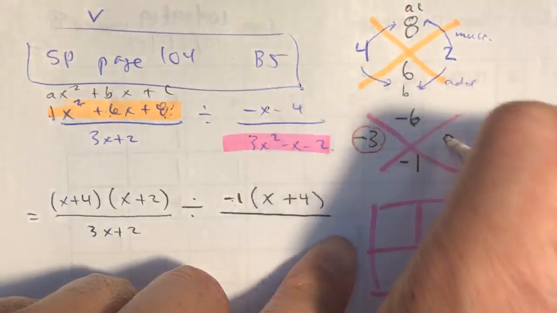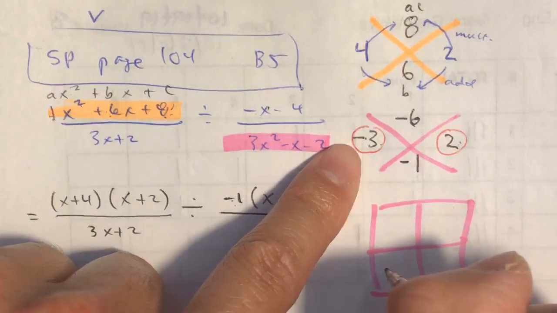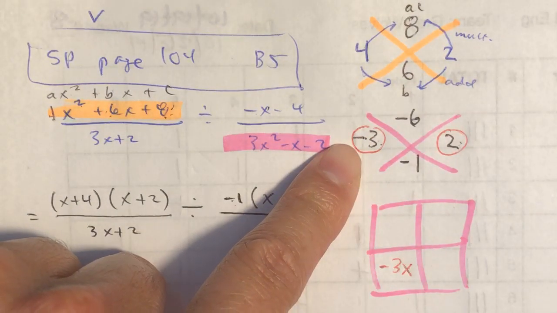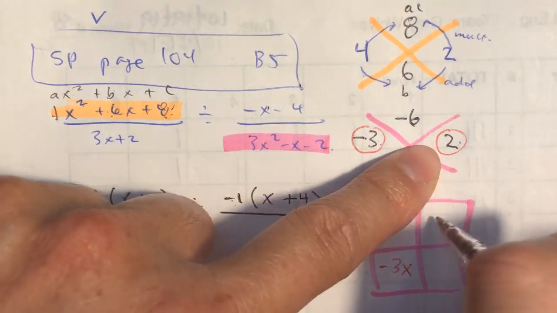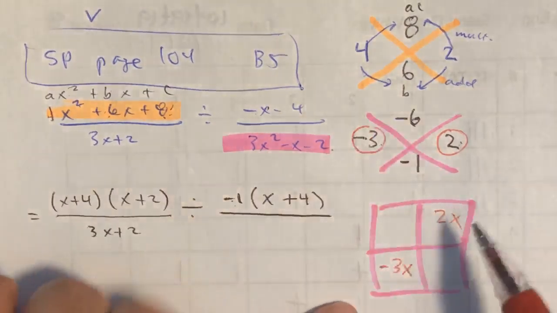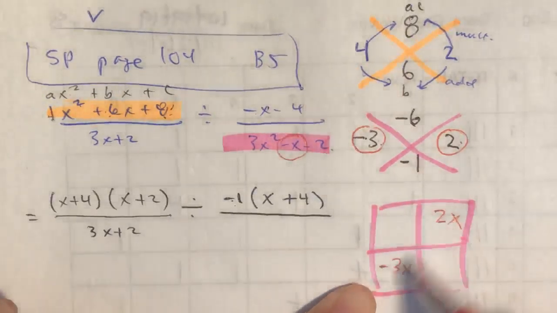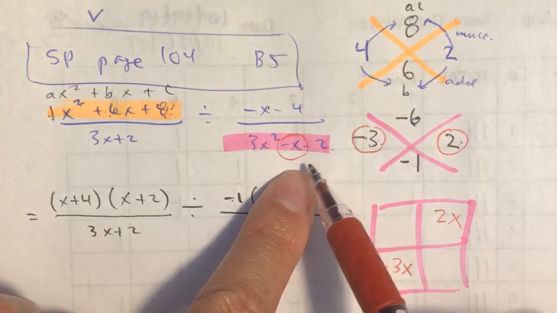I'm going to highlight these numbers. So I have negative 3x, and this one equals 2x. These two are splitting the middle term, because if we add those together, you get negative 1x.